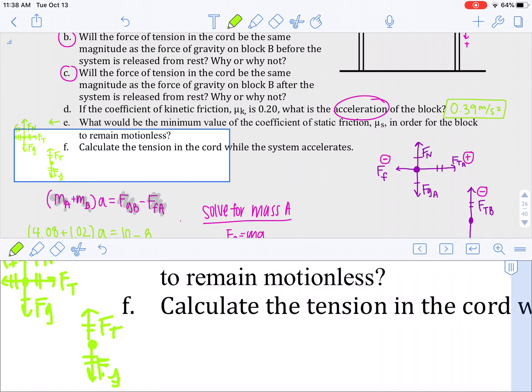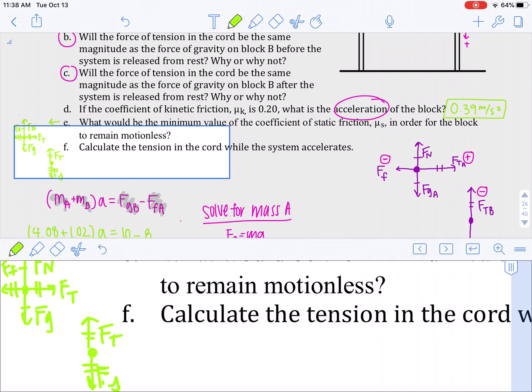And if I use some deductive reasoning, right, FT and FT are already equal.